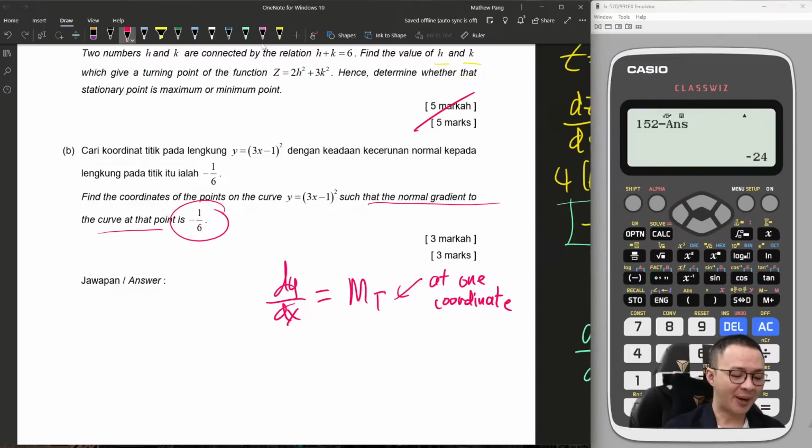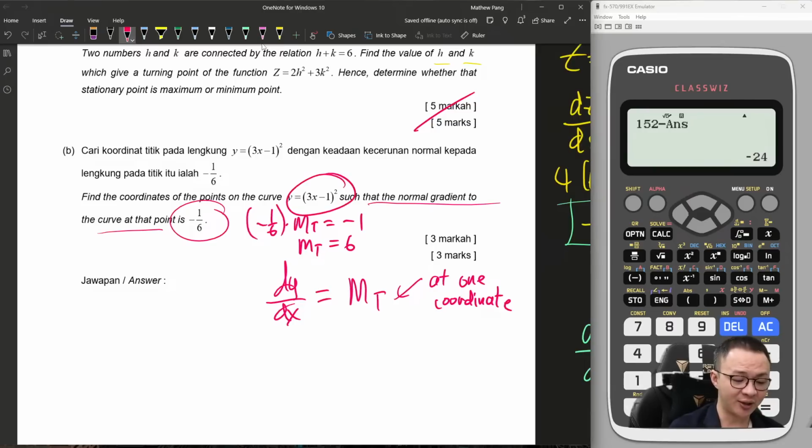So if I have the gradient of the normal, what I want to do is find the gradient of the tangent. Multiplying the gradients gives minus 1, right? This is the formula. So if the gradient of the normal is minus 1/6, by solving this equation you should get 6 as your gradient of the tangent, right? That means I will do dy/dx equals 6.